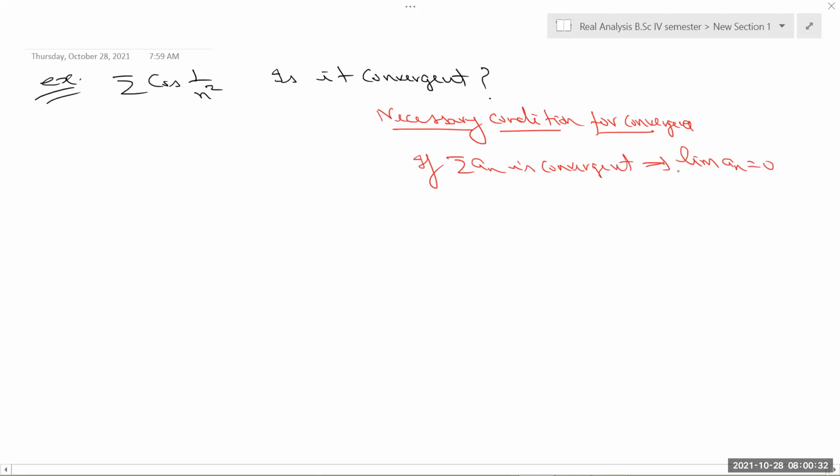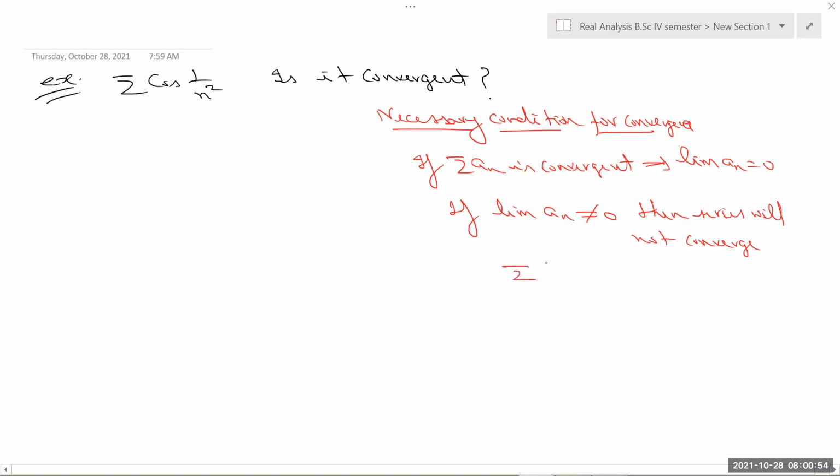But its converse need not be true. If the limit of the nth term is not equal to 0, then the series will not converge. If its limit is 0, then it may or may not converge.